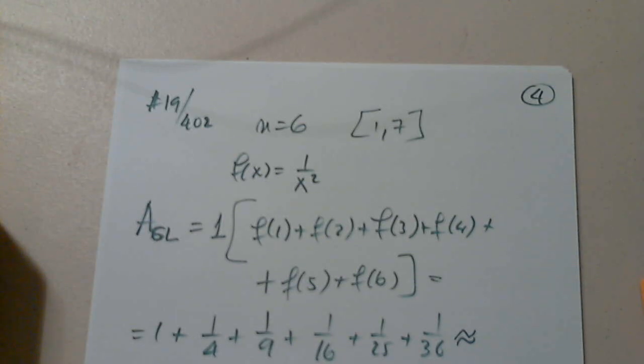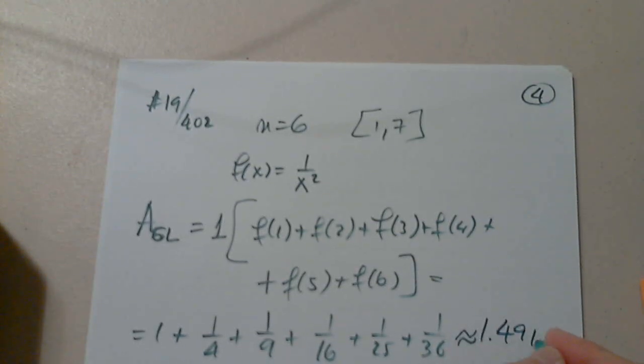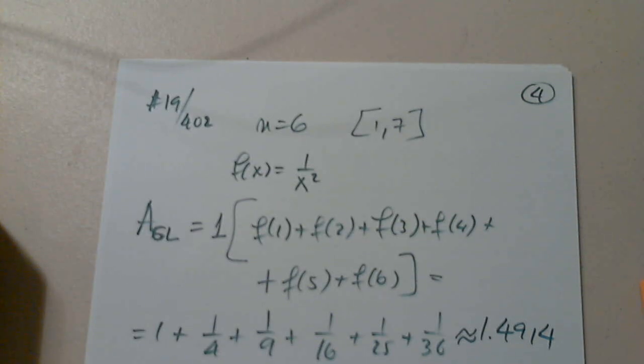But for now, 1 plus 1/4 is 1.25 plus 1 over 9 plus 1 over 16 plus 1 over 25 and finally 1 divided by 36. This is what I want: 1.4914, approximately. 1.4914. And this is how we estimate the area under a graph.